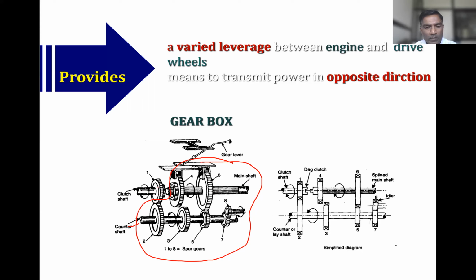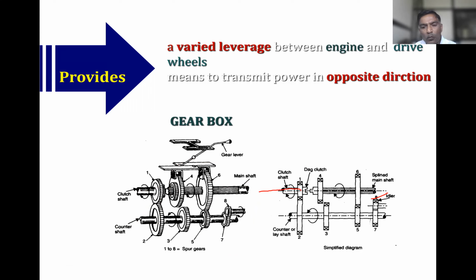When this clutch shaft rotates, this lay shaft is going to rotate, and the gear on the lay shaft is in mesh with the gear on the main shaft, and this one is the main shaft. So power is transmitted now to the main shaft. This is the simplified diagram.